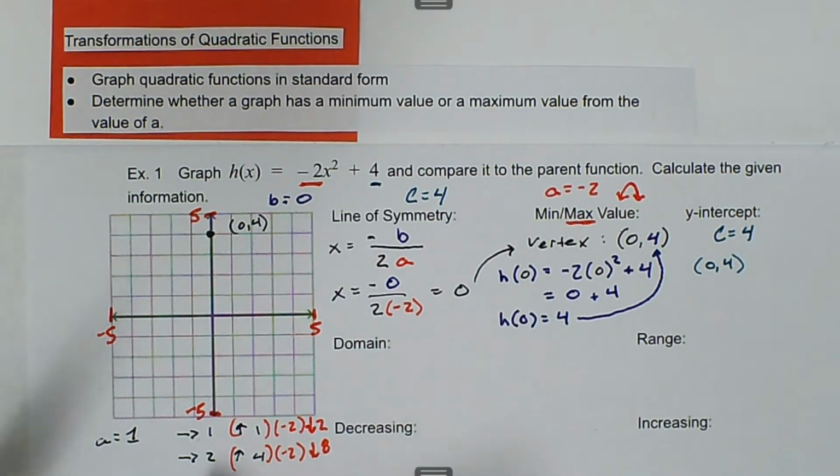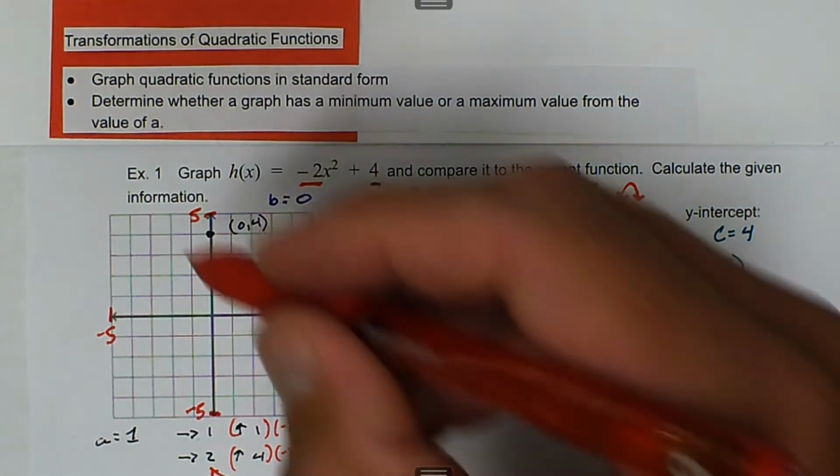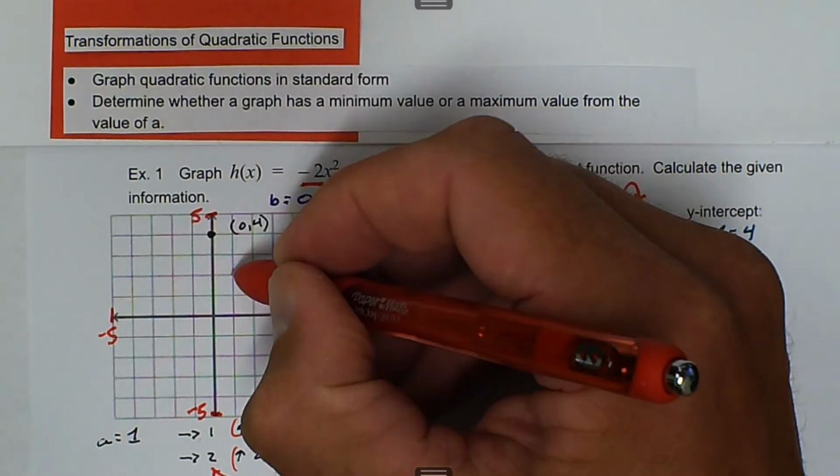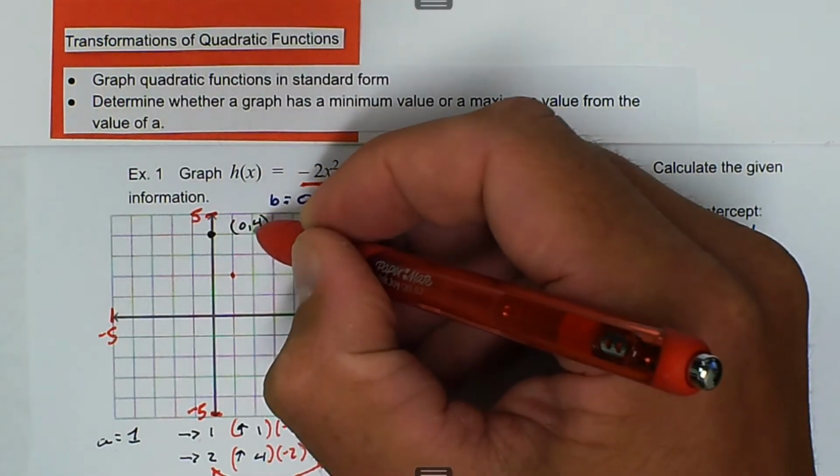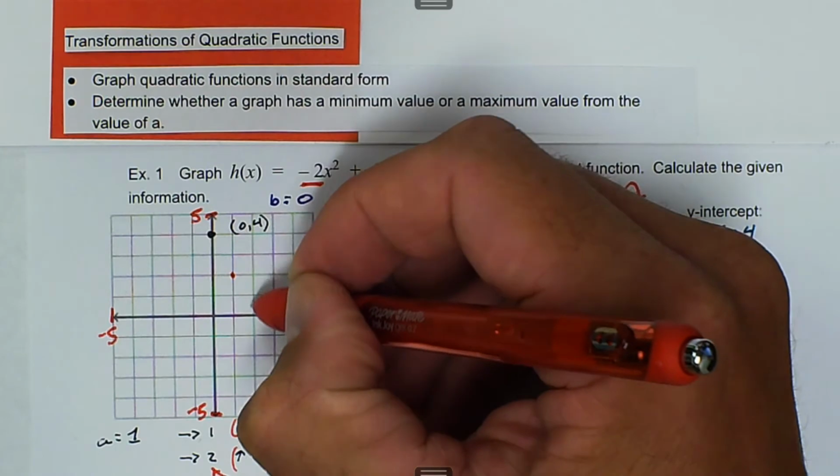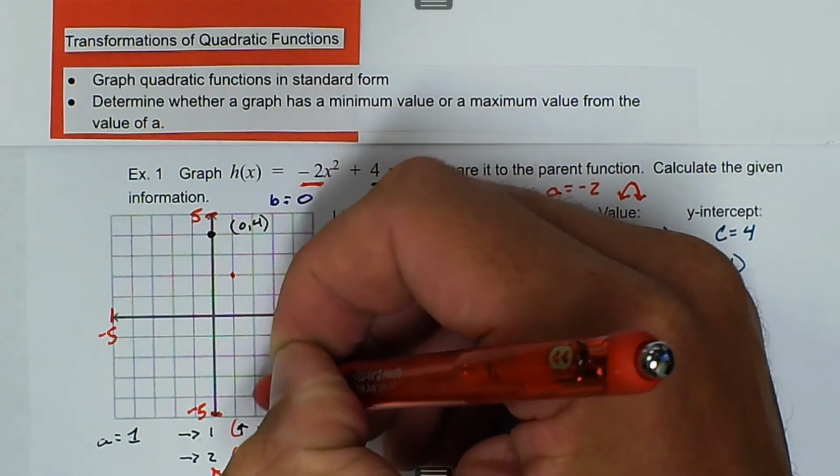So we're going to put this line over 2, down 8, over 1, down 2, and then we'll have our graph. So go over 1, down 2, over 2, down 8. So 4, 5, 6, 7, 8.